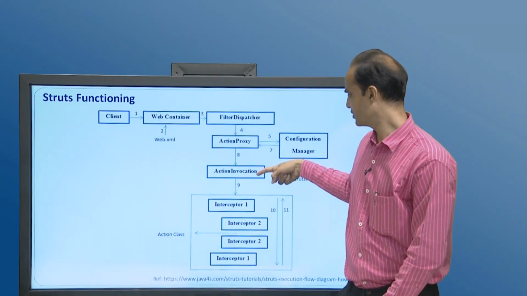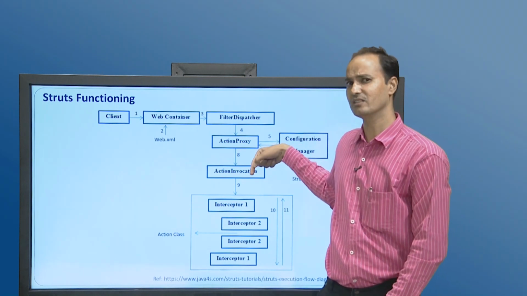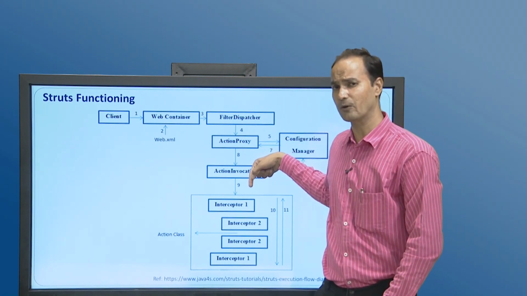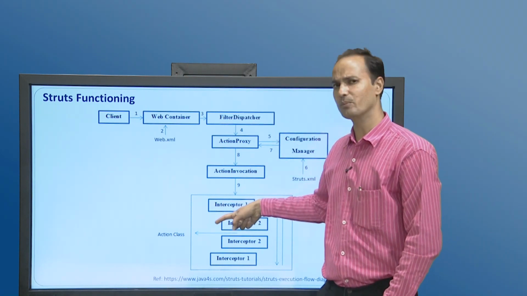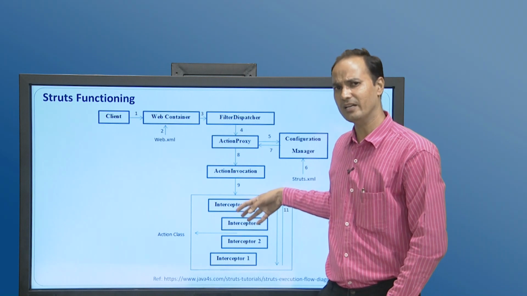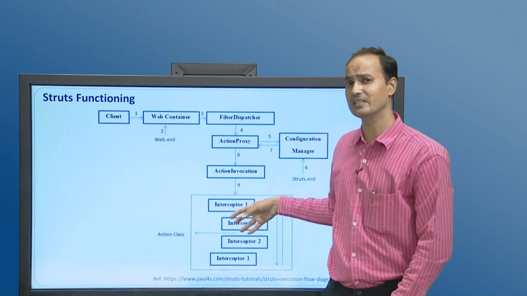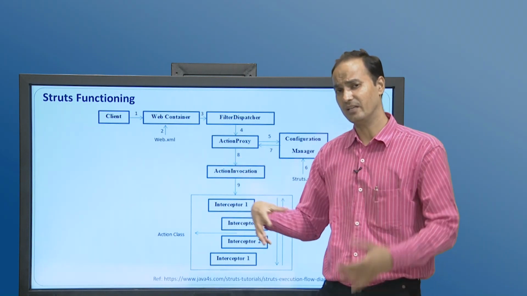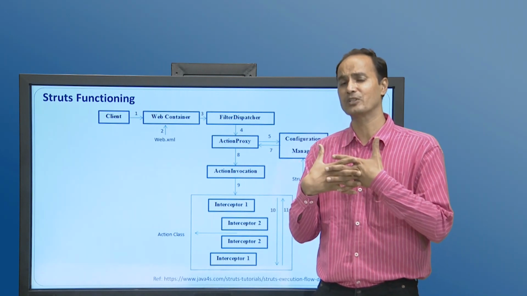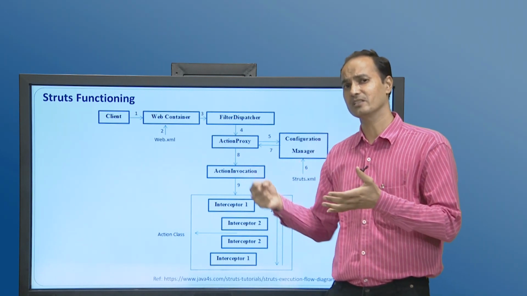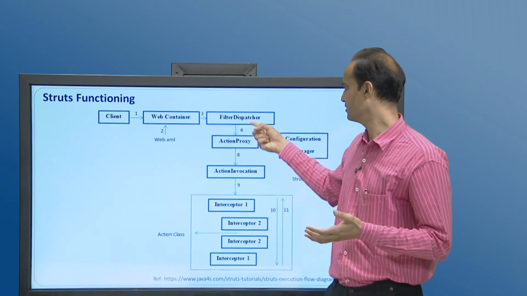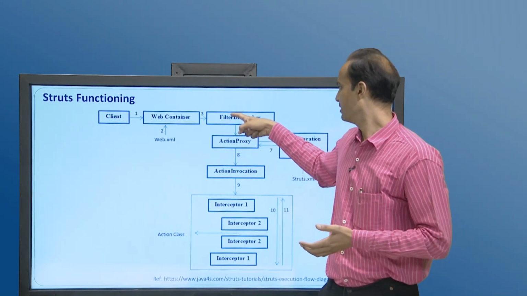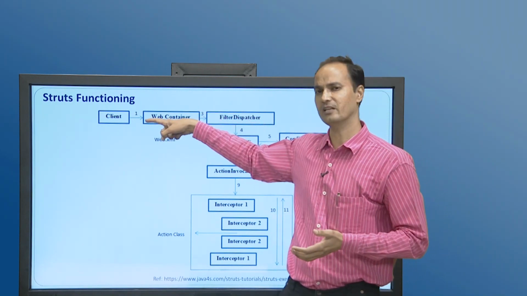Under the action invocation, it checks that this action class is the one requested by the user. That action class then processes the request, and if interceptors are required, they are allowed to process the requested data. After that, the response is formed and sent back to the action invocation using the action proxy, and through the filter dispatcher it is sent back to the client.